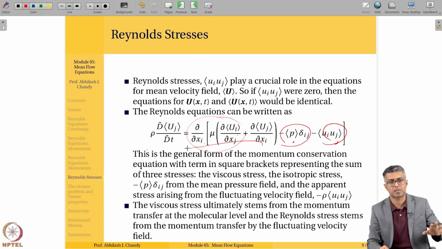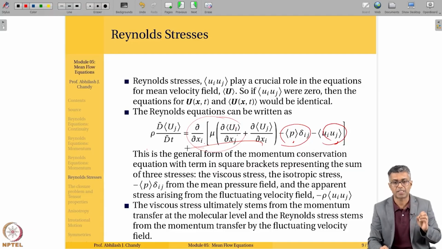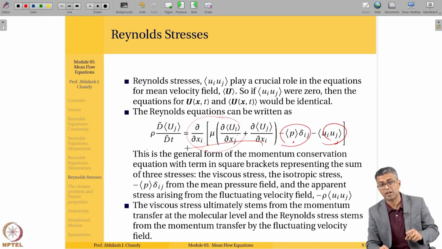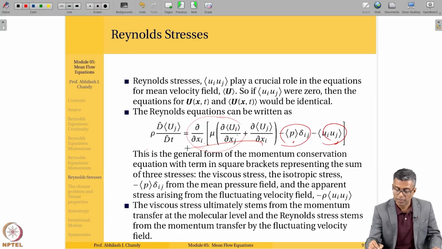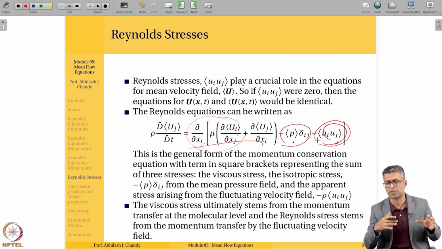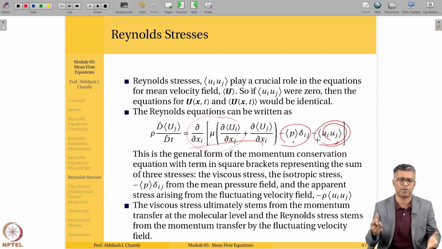So the viscous stress comes from the molecular level. It stems from the momentum transfer at the molecular level, whereas the Reynolds stress stems from the momentum transfer of the fluctuating velocity field. We have discussed this a lot when we discussed laminar and turbulent flow, right?